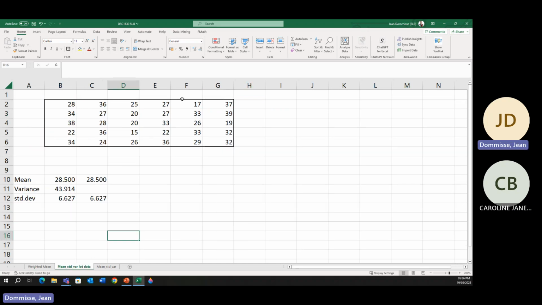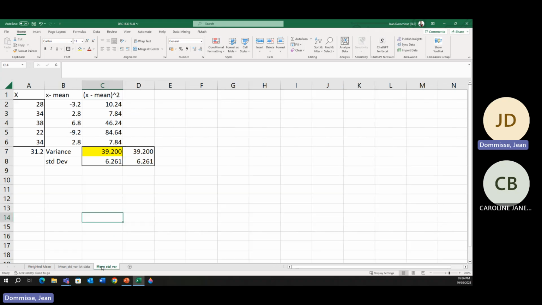If you have lots of data, you can actually only use Excel, because you're not going to do this method by hand for 20 or 30 X values. That is just not going to happen, and they will not expect you to do that.